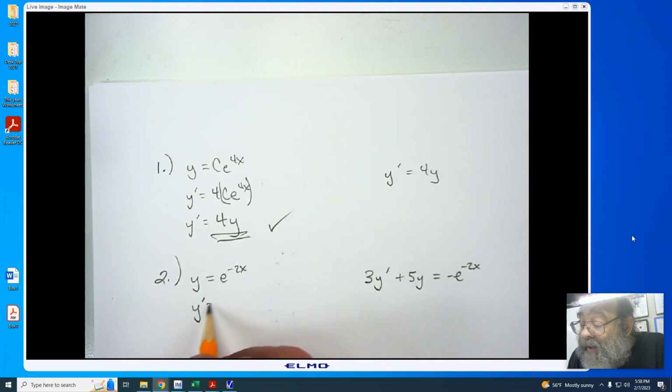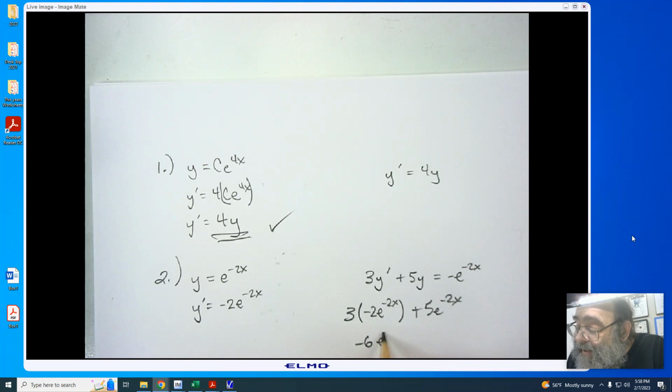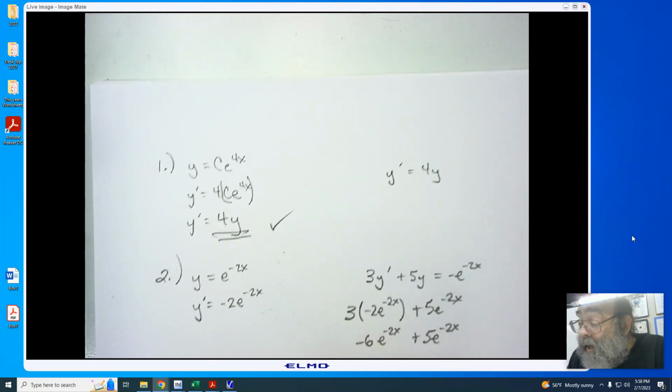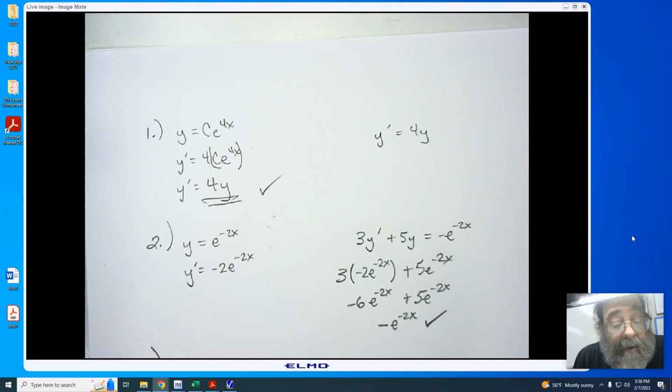Since y prime is equal to negative 2e to the negative 2x, by substitution I can get 3 times negative 2e to the negative 2x plus 5e to the negative 2x, which gives me negative 6e to the negative 2x plus 5e to the negative 2x, and I am left with negative e to the negative 2x. And it checks. Going to number 3.